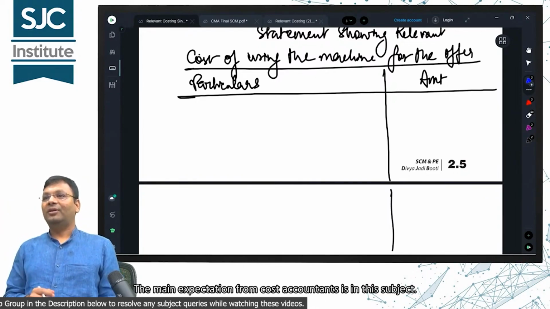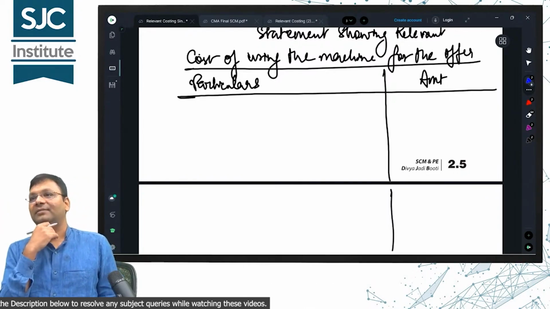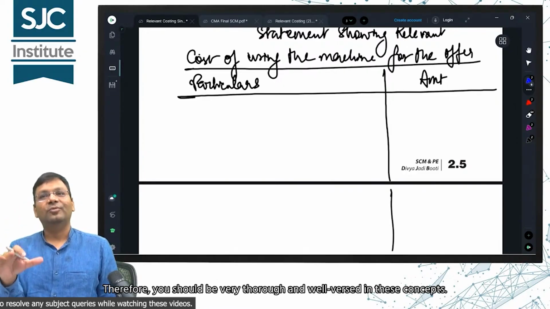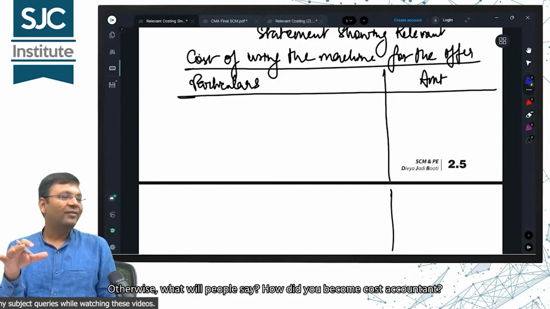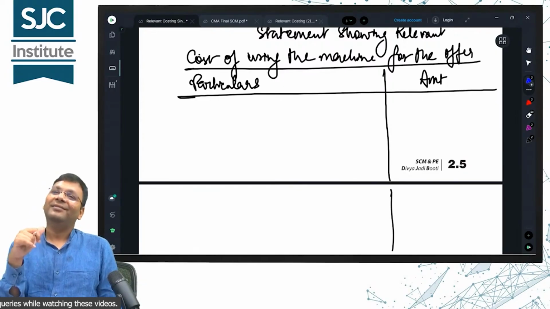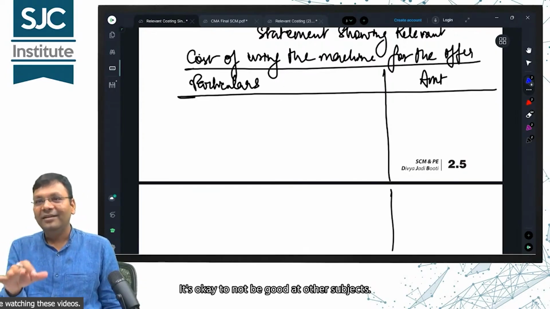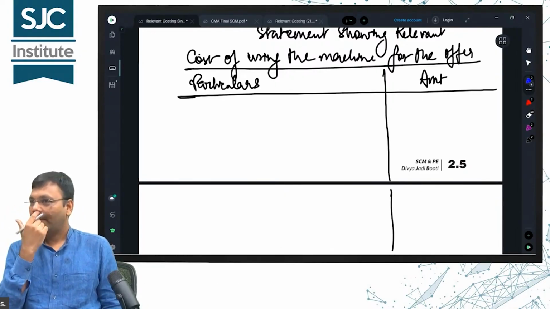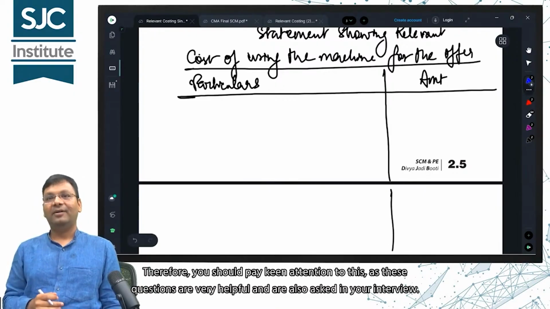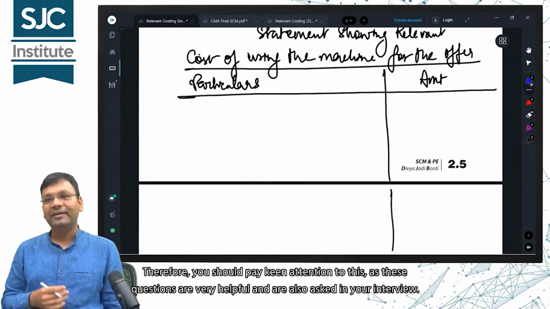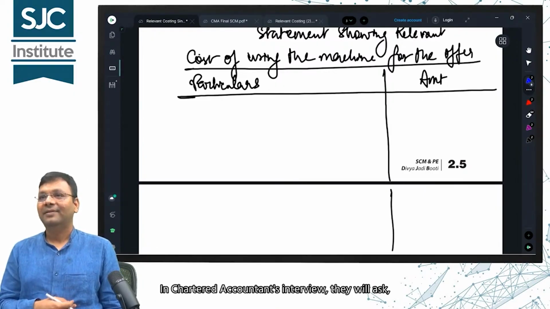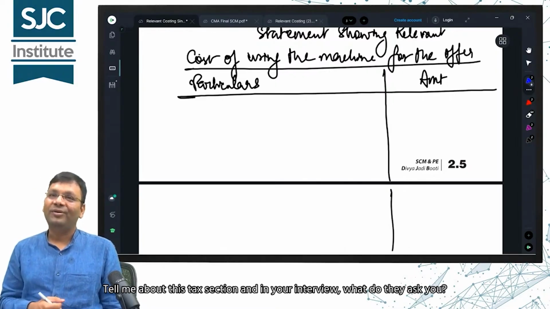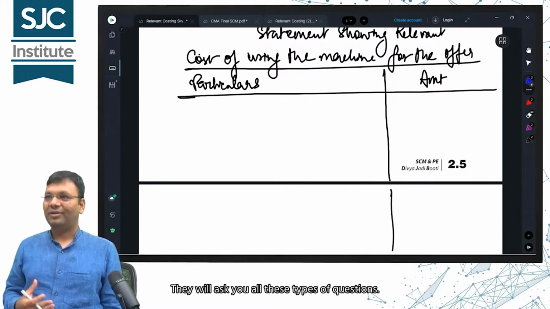But the main expectation from cost accountants is in this subject. This subject defines you. Therefore, you should be very thorough and well versed in these concepts. Otherwise, what will people say? How did you become a cost accountant? It's okay to not be good at other subjects. But you should not be lacking knowledge of your core subject. Therefore, you should pay keen attention to this, as these questions are very helpful and are also asked in your interview. In a chartered accountant's interview, they will ask, tell me about this tax section. And in your interview, what do they ask you? They will ask you all these types of questions.